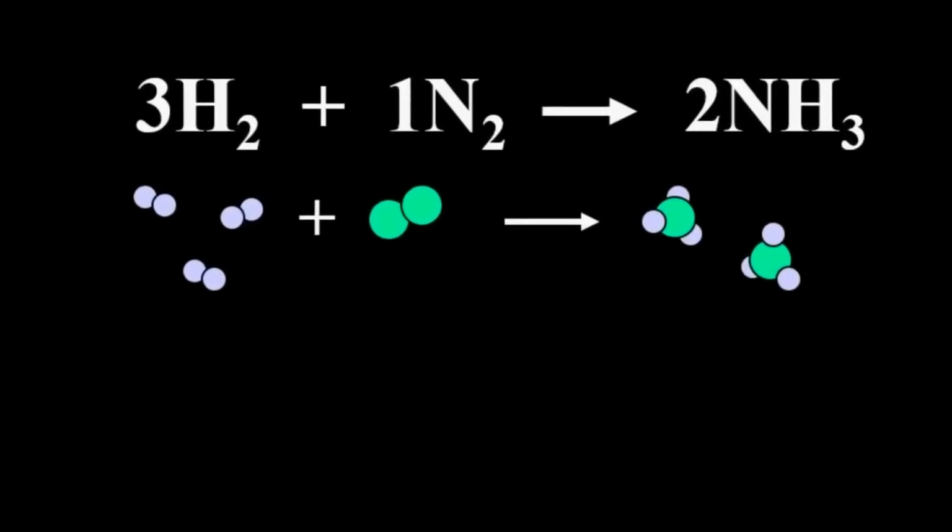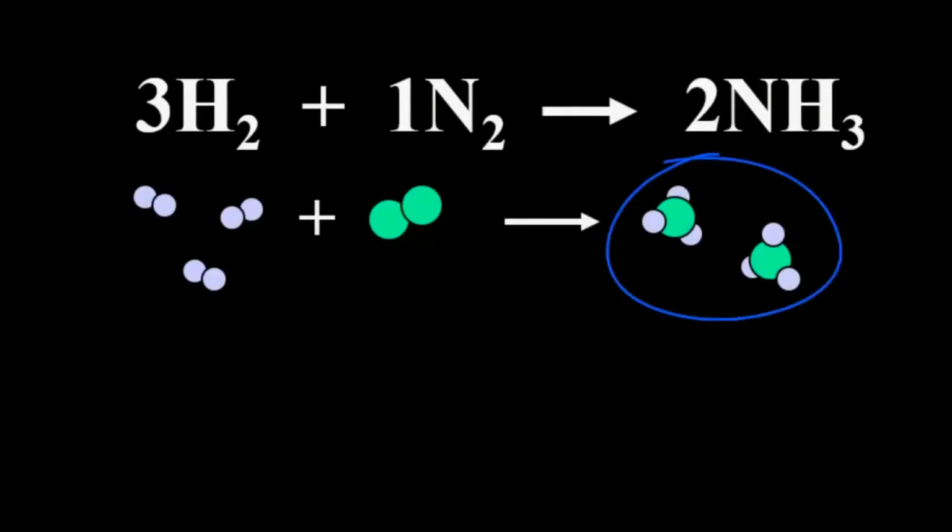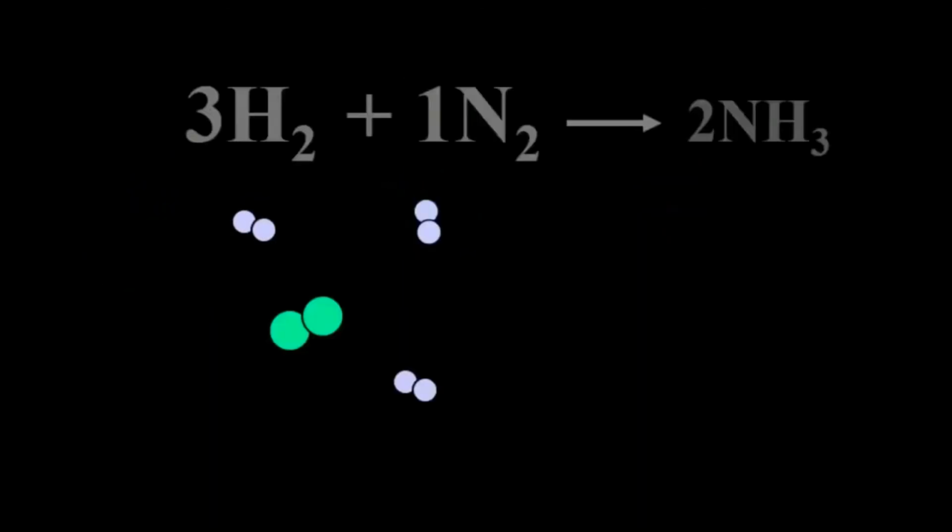If they are referring to a specific amount of particles, that will tell us how many particles are reacting and how many particles will be produced. For example, the way the reaction is written as we are looking at it right here, we would have 3 hydrogen molecules reacting with 1 nitrogen molecule and that produces 2 ammonia molecules.